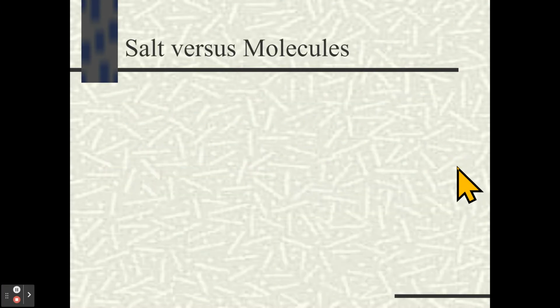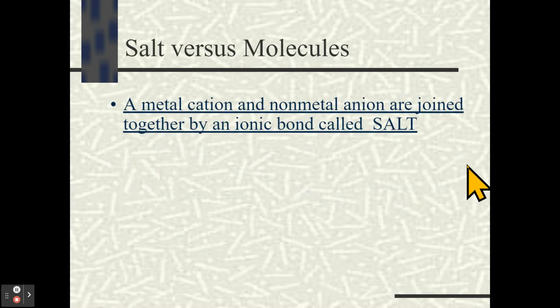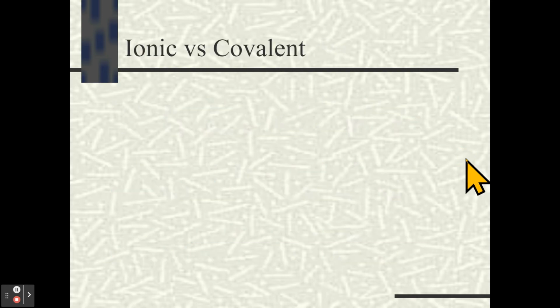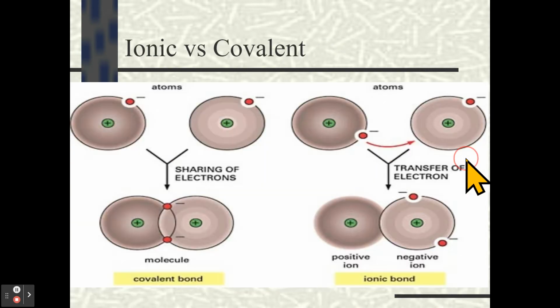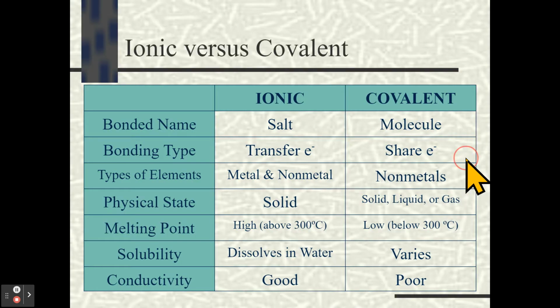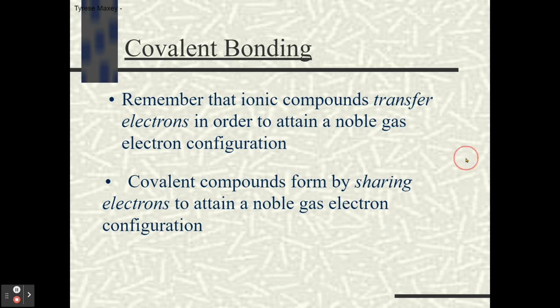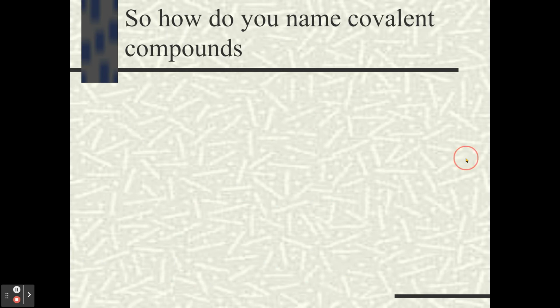Remember, in an ionic compound, we just name the cation first, followed by the anion, ending it with IDE. Naming covalent compounds is almost the same thing. But this time, guys, you have to put in the number for each element. How many of each element do you have?